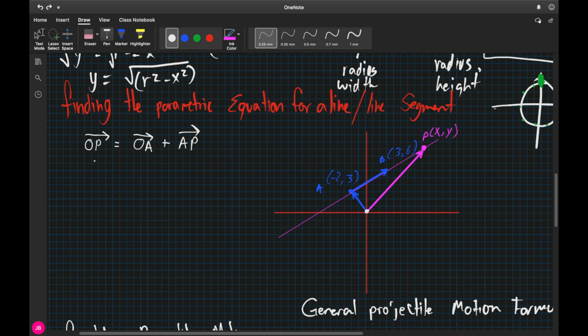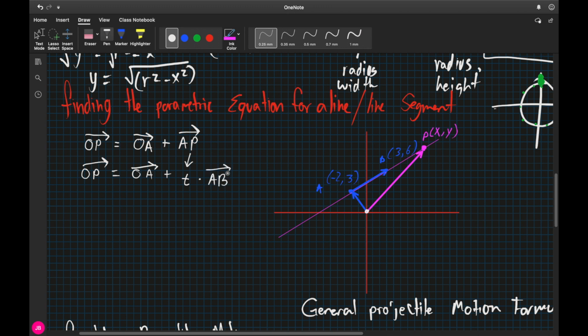Now, the other thing that we know is that OP is the same as OA plus vector AP, and vector AP is the same thing as a scalar multiple of vector AB.